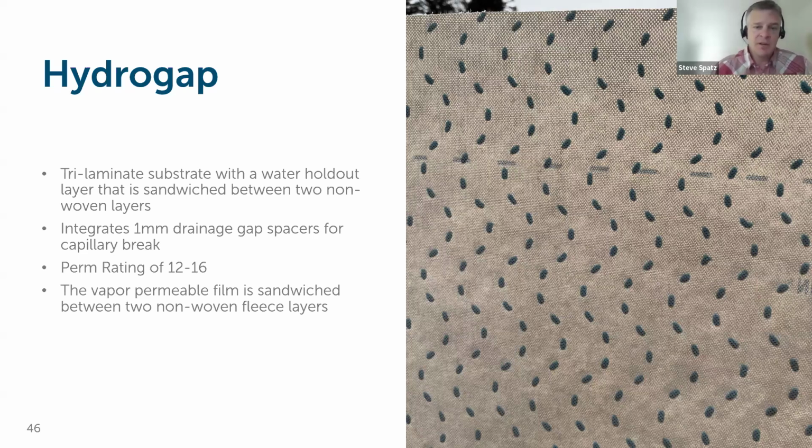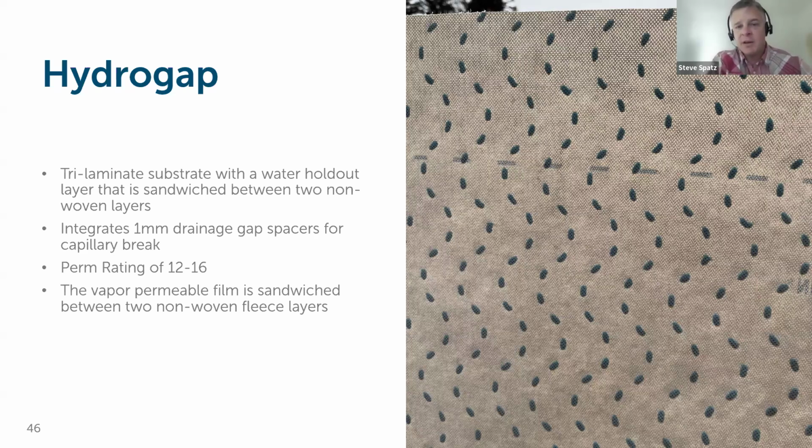That capillary break is critical because if you are getting vapor drive through these assemblies with the intent of drying potential to occur to the outside, what you don't want is that vapor being diffused through this WRB just immediately coming into contact with the backside of shiplap siding or bevel siding, whatever type of exterior finish is on the building.